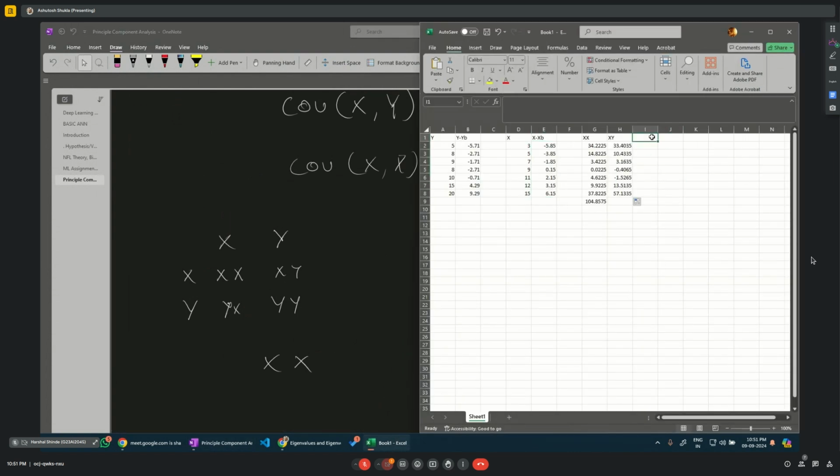So that is xy, and then there is yy, which is just a square of this one. So yy, this multiplied by this. Let's also make a sum of this. Equals sum. There we go. So these are the three values that we have.